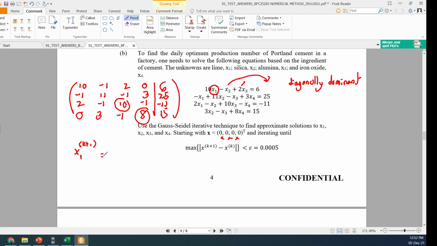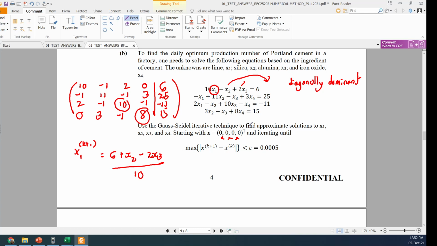Write down properly the equation: 6 plus x2 minus 2x3 from equation 1, making x1 the subject. So divide by 10. You cannot put x1 here, with the initial x.